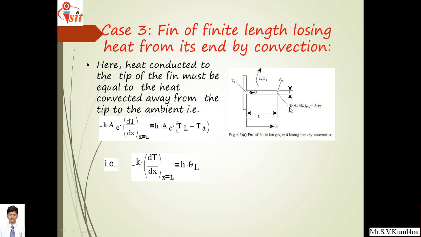Q conduction is equal to Q convection. Q conduction is written from Fourier's law as minus k Ac dT/dx when x is equal to L, which is equal to h Ac (TL minus TA). As I said, Ac will get cancelled, and minus k dT/dx at x equal to L is equal to h, that is convective heat transfer, into theta L, where theta L is this difference TL minus TA.